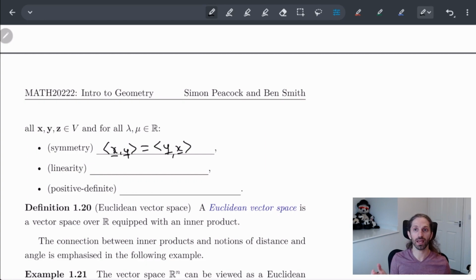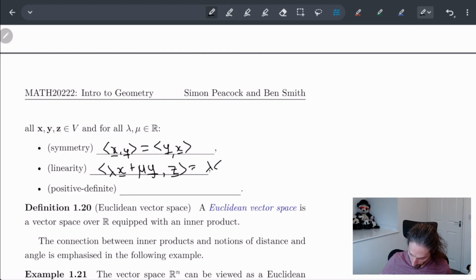Second, my scalars I should be able to pull out. Not only that, but I should be able to distribute. And this is called linearity. So linearity is basically saying if I have lambda x plus mu y, and I take the inner product with z, here I'm going to distribute, and I'm also going to be able to pull a scalar out.